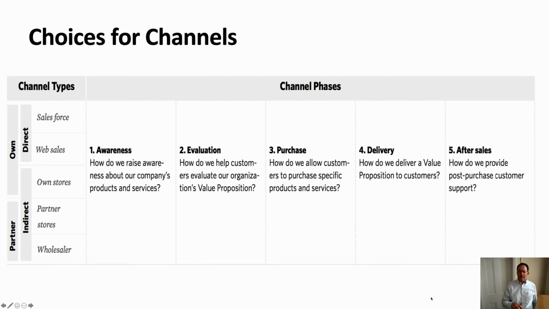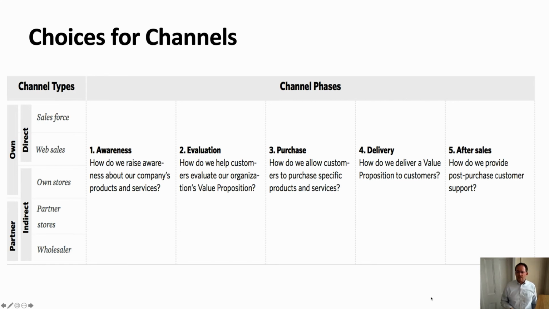If you're selling to a wholesaler, then awareness and evaluation to a wholesaler might involve you in direct sales. The type of product you sell in volume, you have to find out who buys this stuff and contact them directly. So these are the channel phases that you need to consider, and it comes back to who your customer segment is.